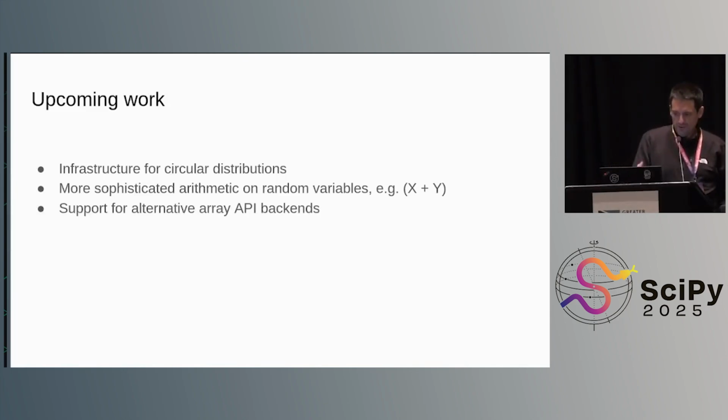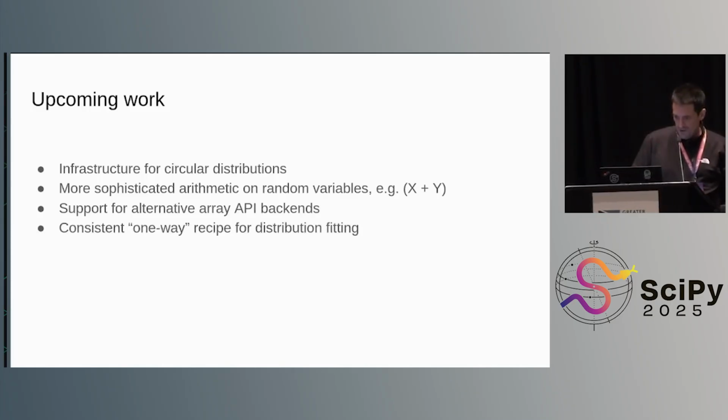Support for alternative array API backends is a big one. Having this work with things like CuPy, PyTorch, and JAX, being able to take advantage of acceleration and use the same API. The infrastructure allows that. The work just needs to be done, but it's set up in such a way that it's not difficult to make those things happen, whereas the old infrastructure would have been very difficult.